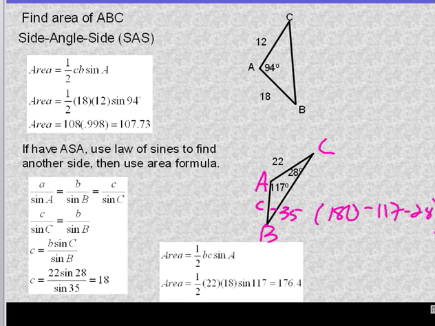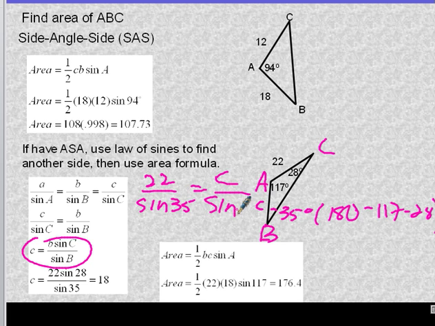All right, I think I've recovered from that. I had grouped this all together, but this is how the triangle should be labeled. So I found angle B by subtracting 117 and 28 from 180, so angle B is 35 degrees. This is the side across from angle B, so this is side B. So 22 times the sine of 35 has to equal c times the sine of angle C, which is 28.